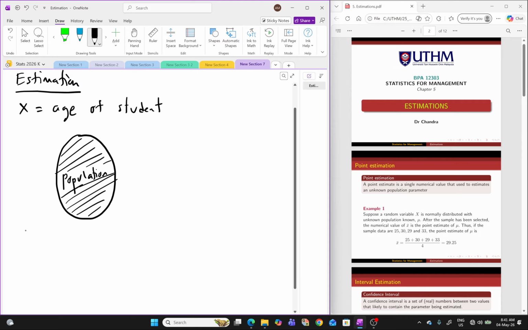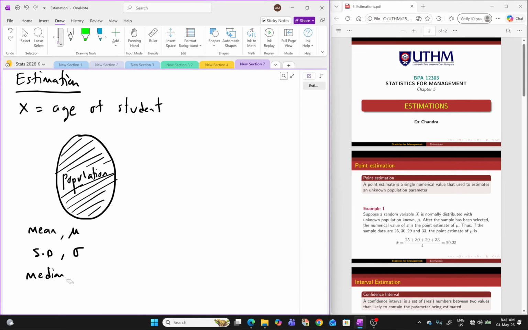If I want to find the mean, the notation for population mean, we call this as mu. Mu. Standard deviation, the notation is yang ini semua dah diorang dah tahu.